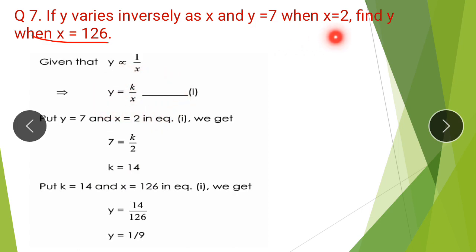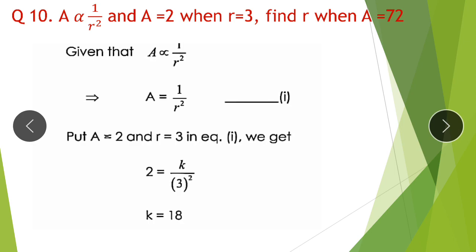Now the next part is to find y, the value of y, when x is given as 126. So y as it is, k we have already found, the value of k is 14, and instead of x we can put 126. 14 1s are 14 and 14 9s are 126, and this is the value of y.